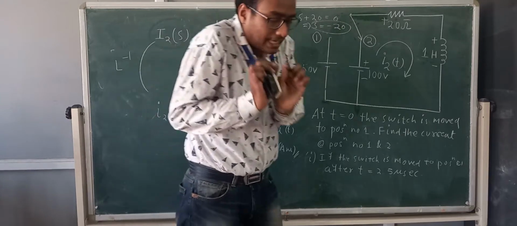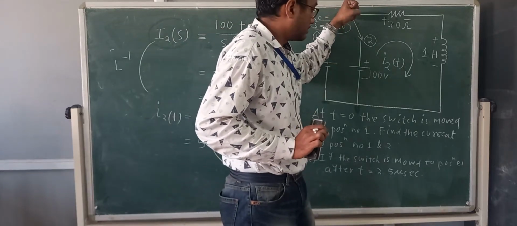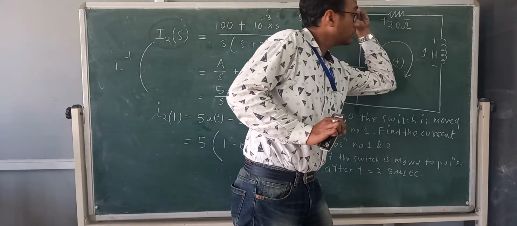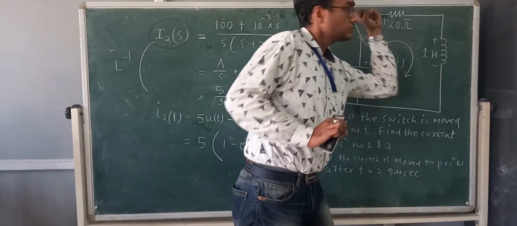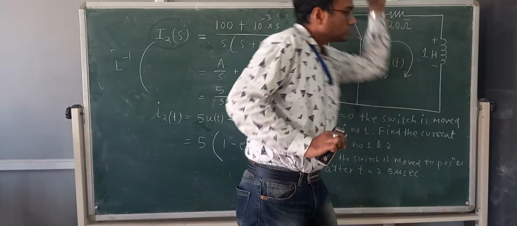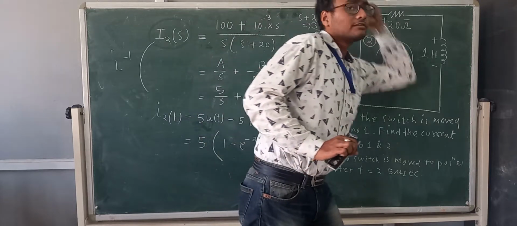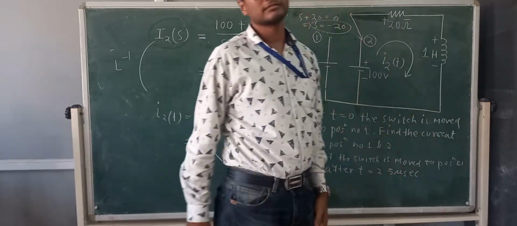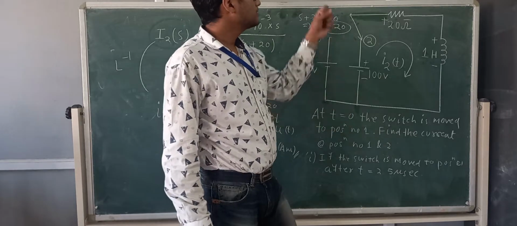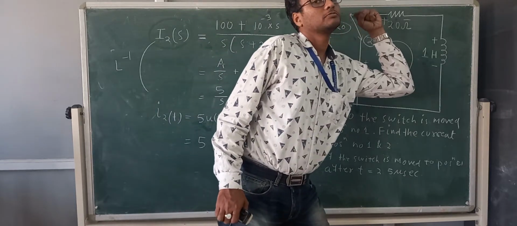When the switch is moved to this position, will it be the initial current at this position or not? Yes. So what is the initial current here when the switch is moved from this position to this position?